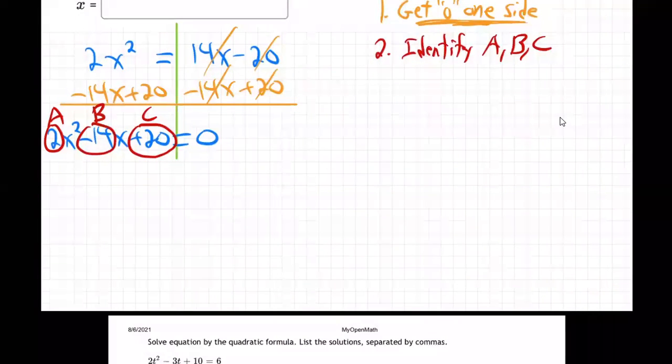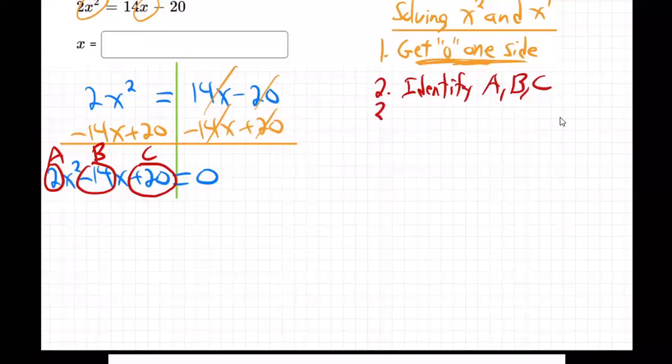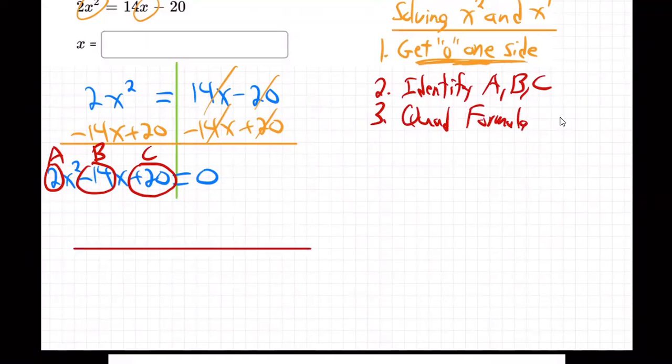All right, so what is the quadratic formula? So the quadratic formula, let me write that out again. I'll put this in the notes so you have it.